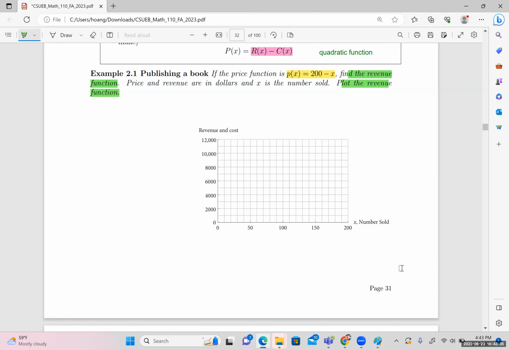Okay, so I would like to start with finding the revenue function, which is r of x.